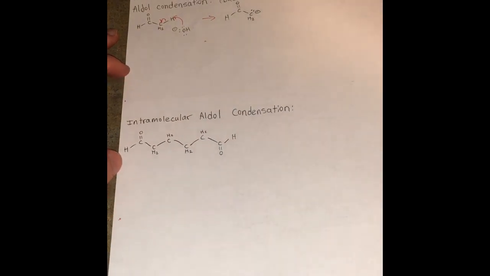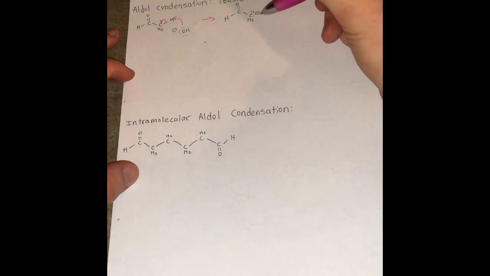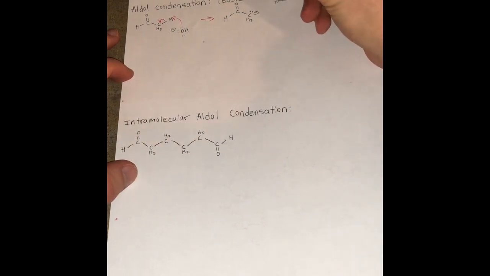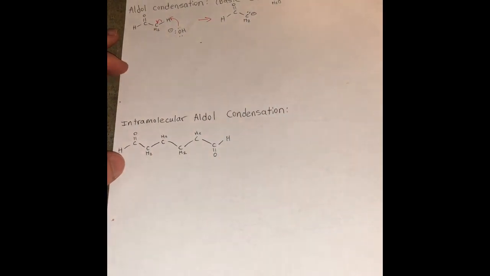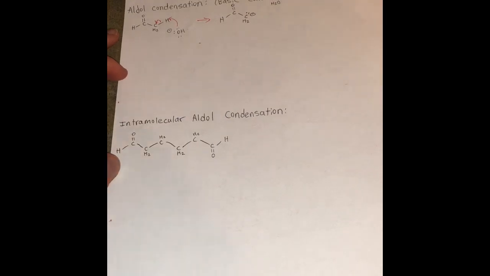So you see that now we have a carbon with a lone pair and also a molecule of water. Now what we do after this step is we add in another carbonyl.